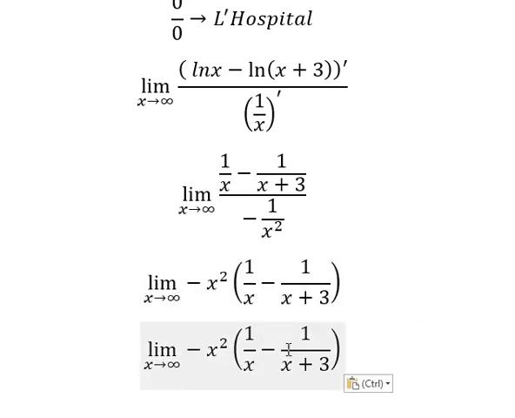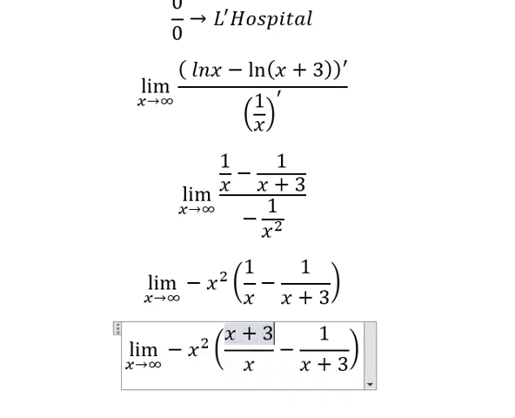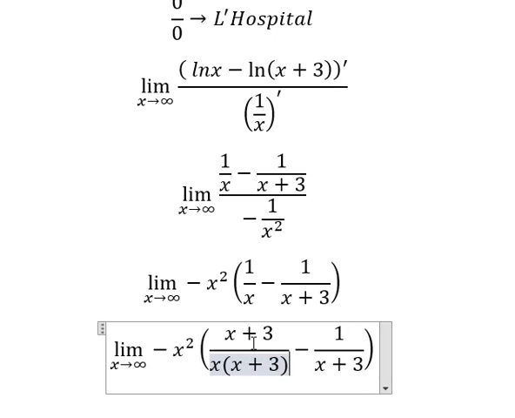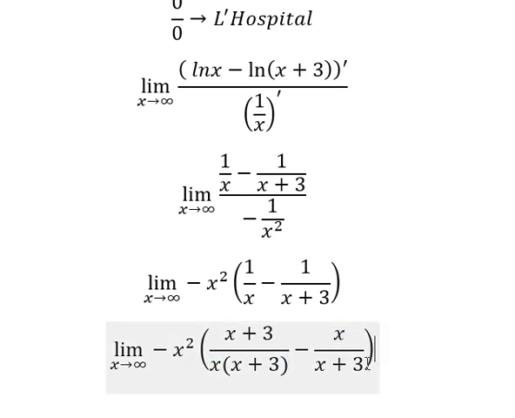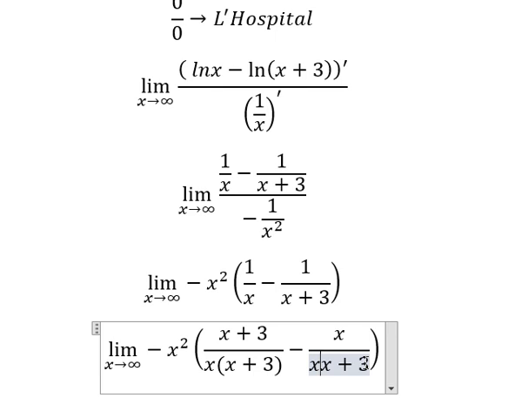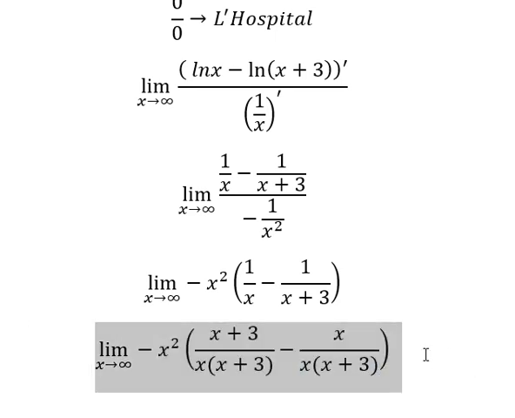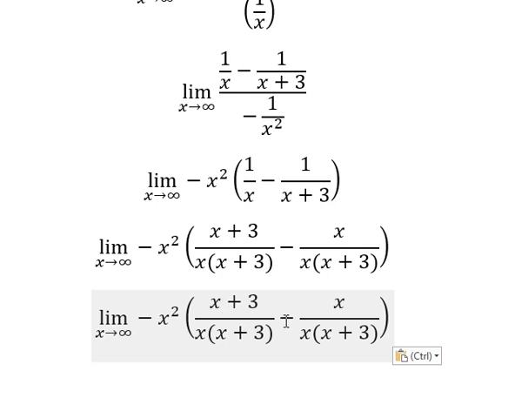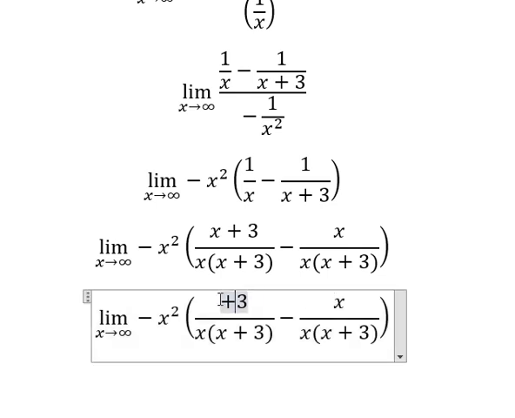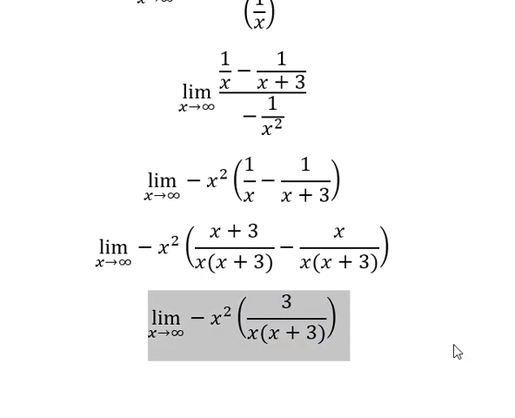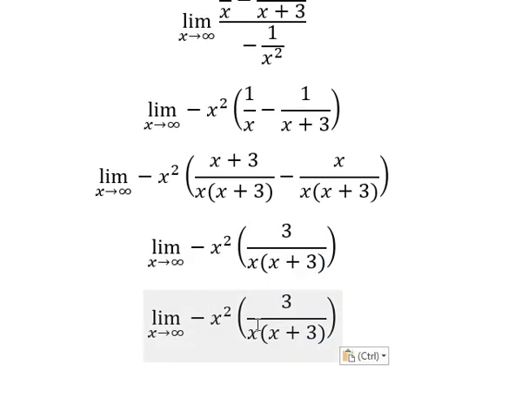So we need to do common denominator. So this one will multiply by s plus number 3, this one by s. So s minus s we cancel. So s squared divided by s, we have s.